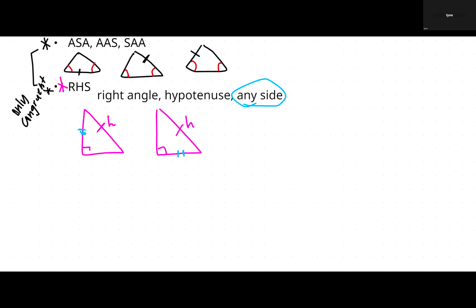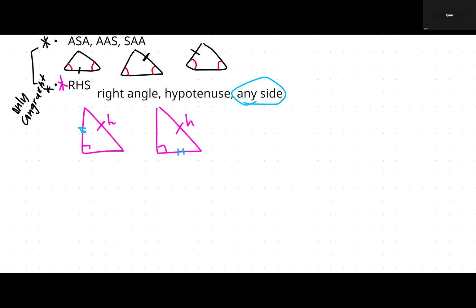Okay, I want to add one last one. There is this test called the SSA test. Remember just now I talked to you about the SSA test? If you look at it around, SSA is like ASS, okay? But we don't write ASS because it's very crude. So we write it as SSA.